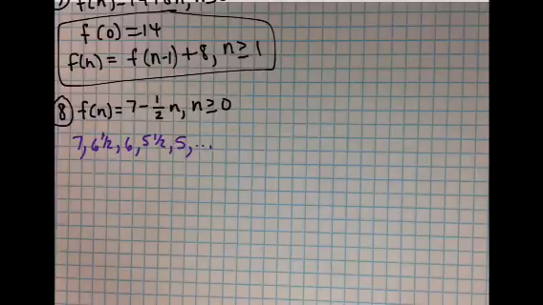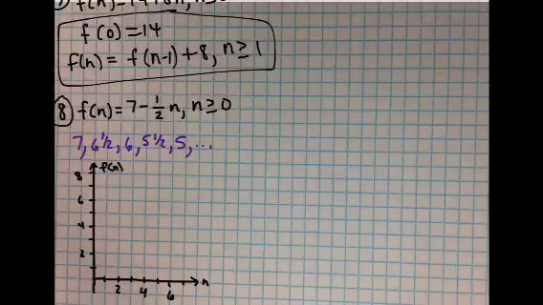So now we're going to graph it. We start off when n is 0, f of n is 7. So this one's right on the axis right here. And then this is n is 0, 1, 2, 3, 4. Okay? So when n is 1, we get 6.5.